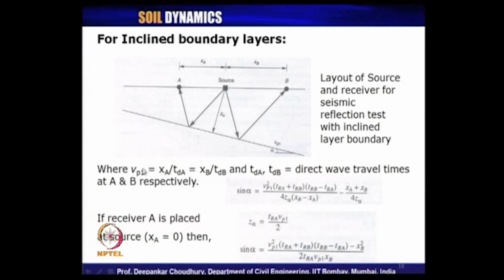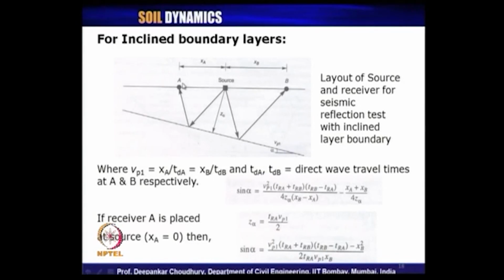Then this Vp1, if we talk about the direct wave, will be equal to this distance by the time taken for the direct wave to arrive at station A, and the time taken to arrive at station B. They must be equal to Vp1, they must equate each other, right.